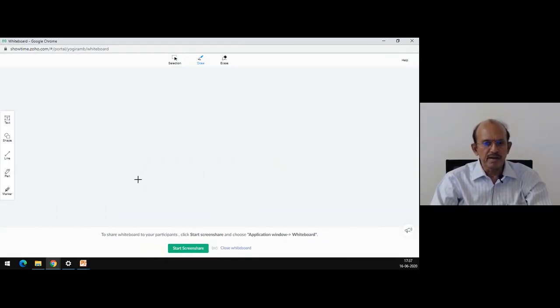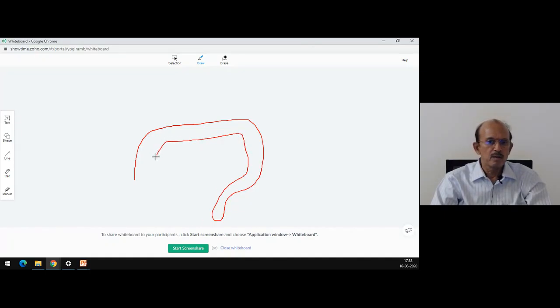Now I will draw here. This is the colon. Now into the colon, the small bowel has been telescoped.